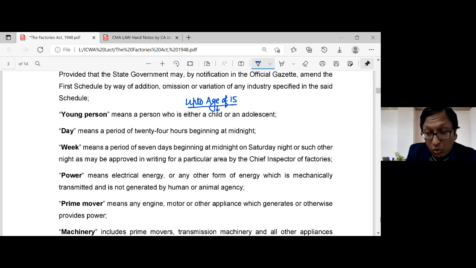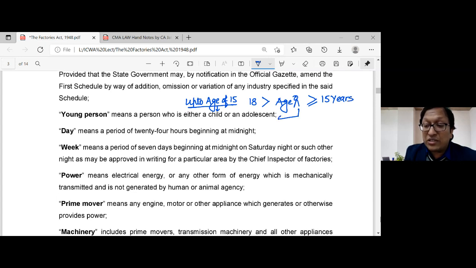And a person who is younger than 18 years, that is, not an adult, but whose age is greater than or equal to 15 years, is called an adolescent. So child and adolescent both are covered in young person. There are special provisions for young person under the Factories Act 1948 that we will study later on.